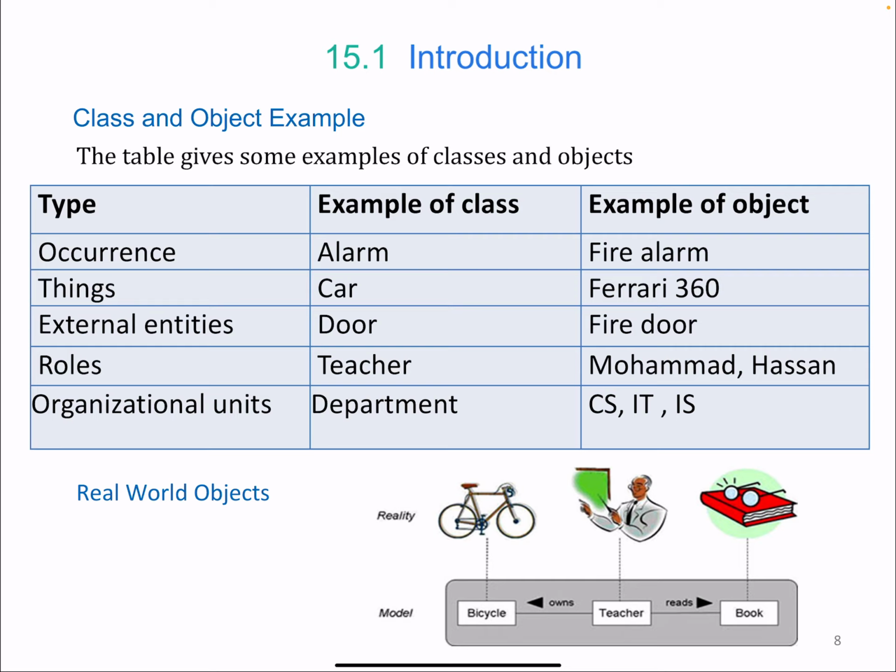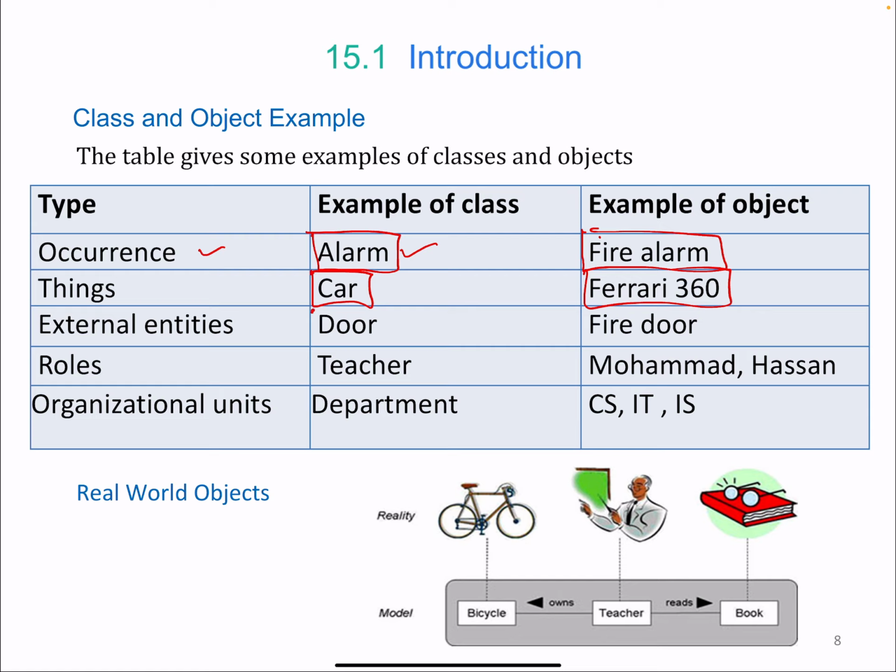Here are a couple of examples to help you think about the difference between classes and objects. For example, you have a type of occurrence, let's say an alarm. You could define a class called alarm, and one instance, one object of class alarm, would be a fire alarm. Among things, a car could be defined as a class, and a Ferrari 360 would then be an object of class car.